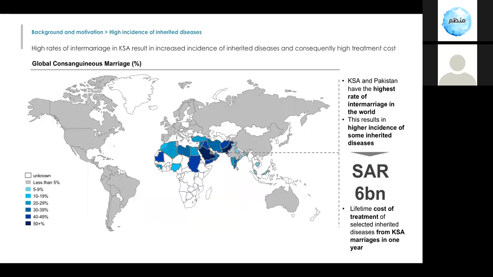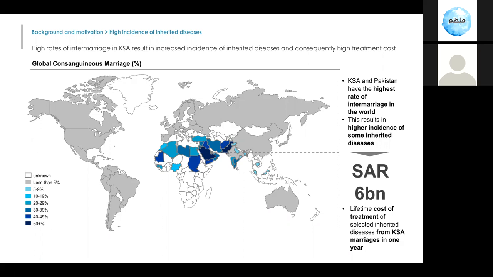The second reason why this is good for our country, Saudi Arabia, is that we spend a lot of money, because we have what we call intermarriages. Cousins can marry each other. When cousins are related to each other, you increase the chance of genetic diseases.